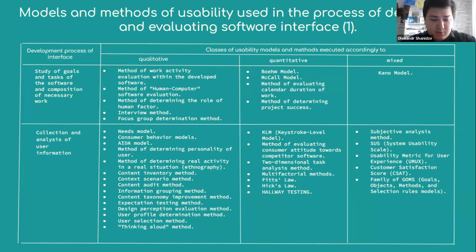For this purpose, the study developed tables that allow selecting the necessary usability models and methods used in the process of development and evaluating the software interface, depending on the calculated criteria and implicit criteria, which in turn allows selecting the necessary metrics for assessing the quality of the software within the framework of the main indicators used for project estimation.